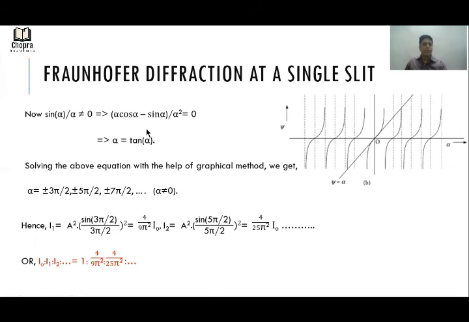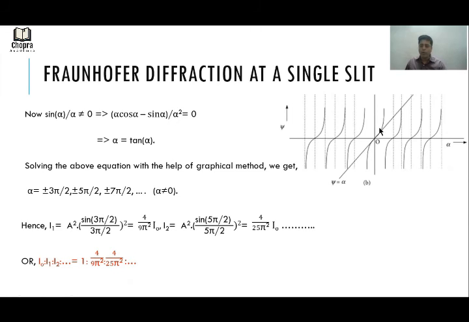Now this equation can be very easily solved using the graphical method. So what we do is we plot two lines such that here in the diagram you can see psi equal to alpha, or you can say y equal to alpha, and psi equal to tan alpha.